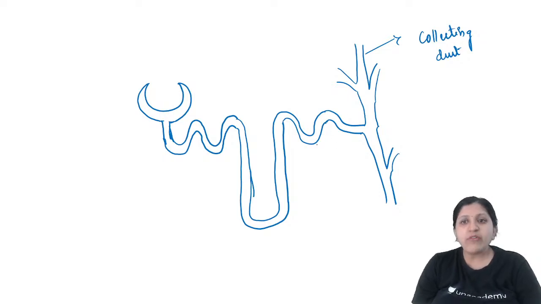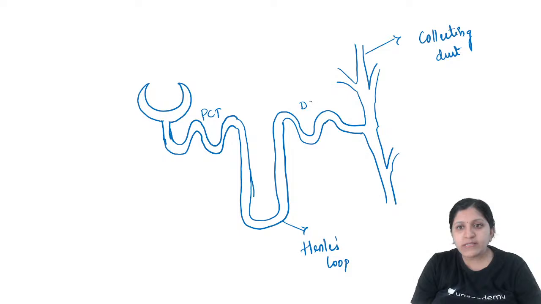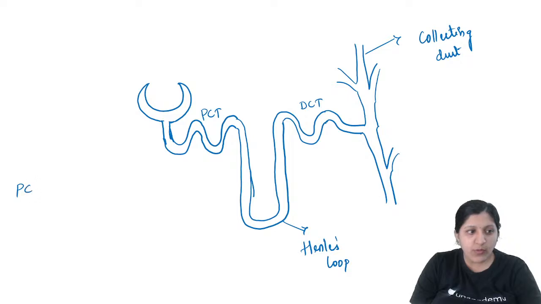Now here this specific structure is the Henley's loop. Here this one is PCT, and this one is DCT. What is PCT here? PCT means proximal convoluted tubule.